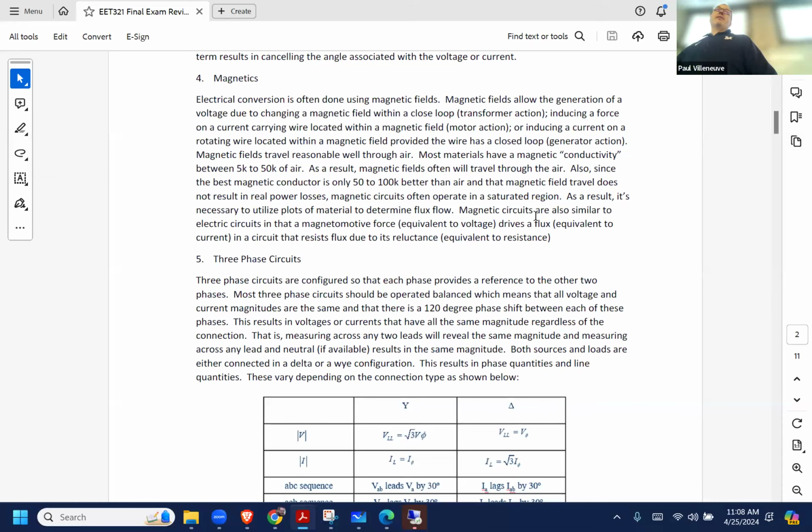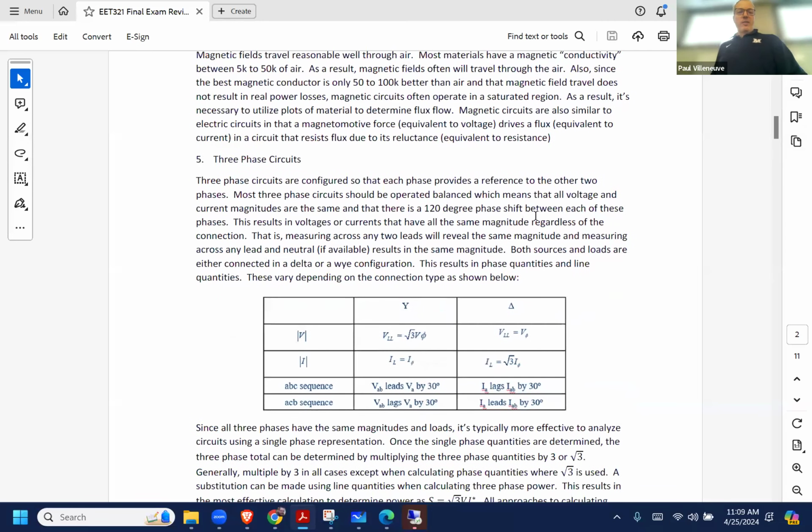He was confused: ground is ground is ground, doesn't that mean my current will flow back to ground? I said, no, because you've isolated the secondary side of the transformer. The transfer of energy magnetically means that the 208 volt source is completely isolated from ground unless you reference it to ground. So magnetic circuits do that really well for us.